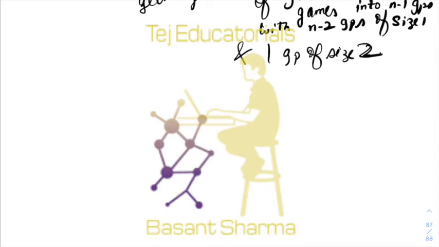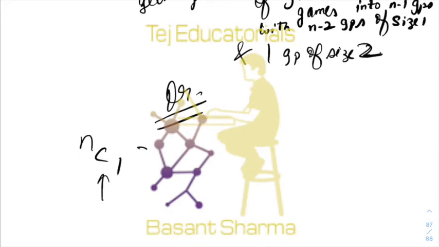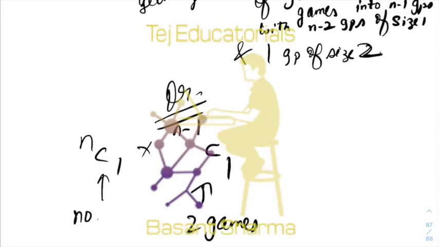Another way to think about this is, NC1. This is select a child who gets no game. Then out of the remaining n minus 1 children, select a child who gets 2 games. Child with no games, 2 game child.